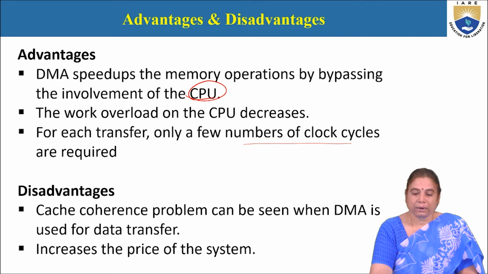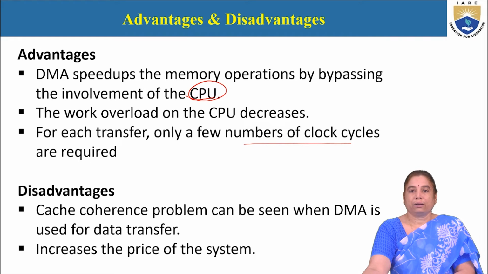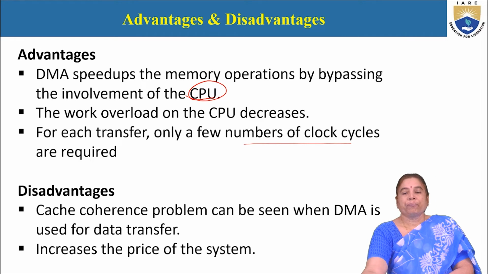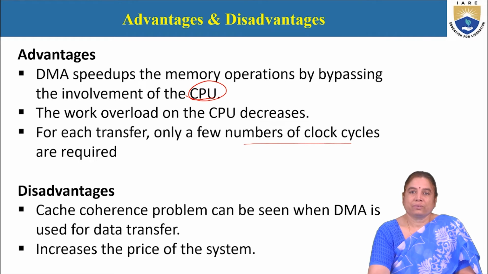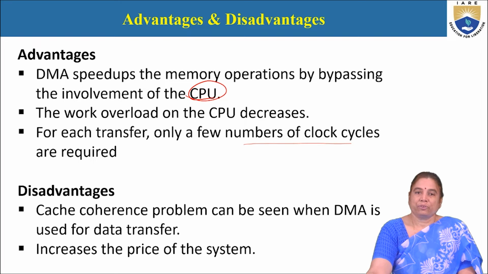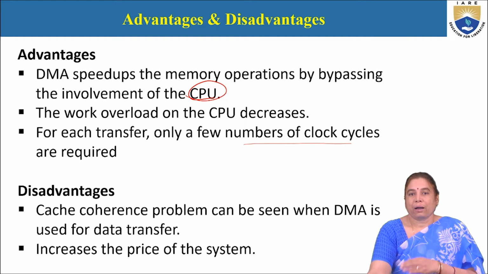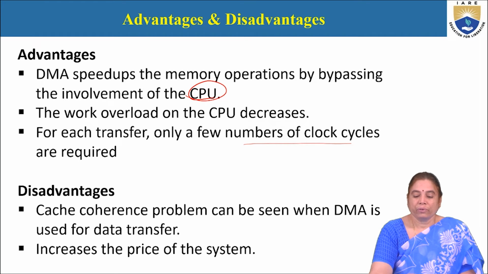What are the disadvantages of this DMA? The cache coherence problem can be seen when DMA is used for data transfer. Frequently accessed data has to be stored in the cache, so the data can be swapped to and fro from the cache memory more frequently, which can cause the cache coherence problem.